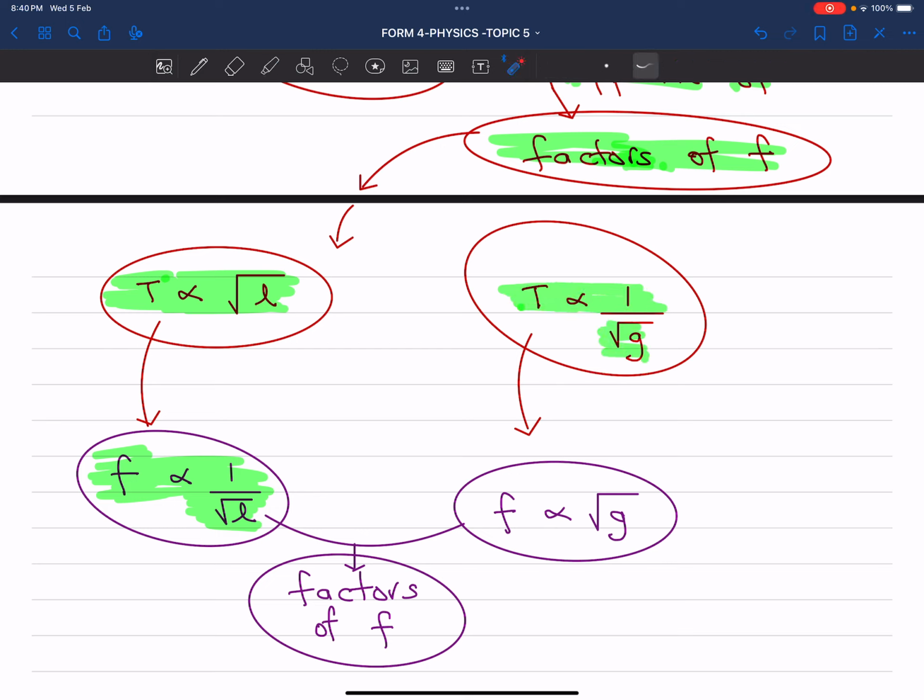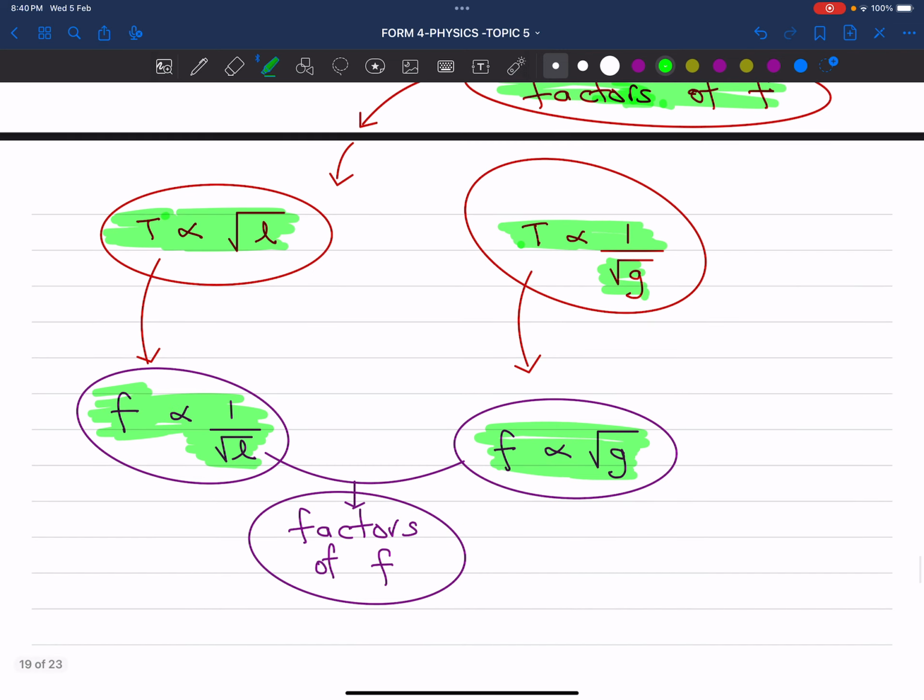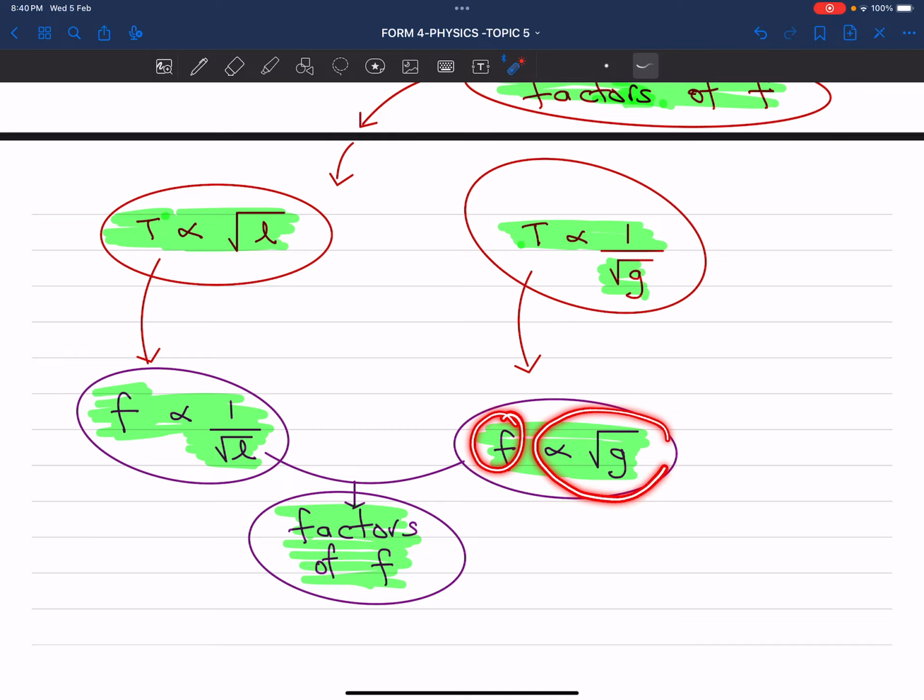The factors of T are opposite to the factors of f. So therefore, f must be directly proportional to the square root of g. So the factors of frequency: frequency is inversely proportional to square root L and directly proportional to square root g.